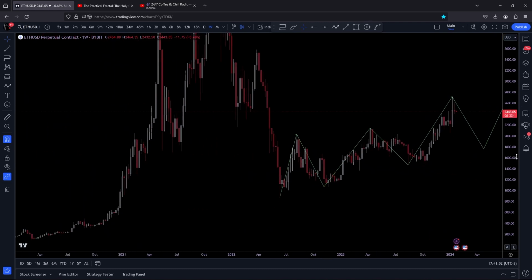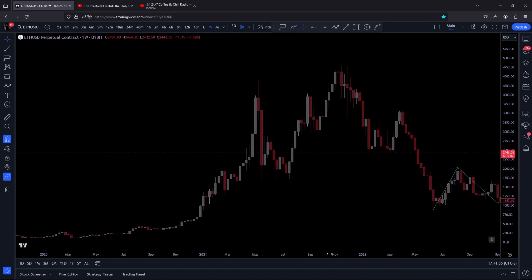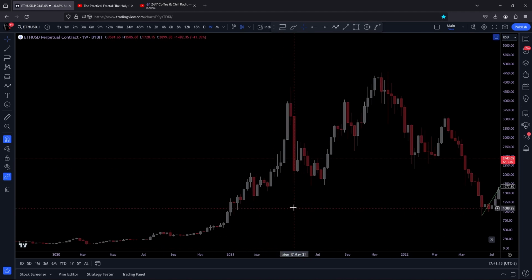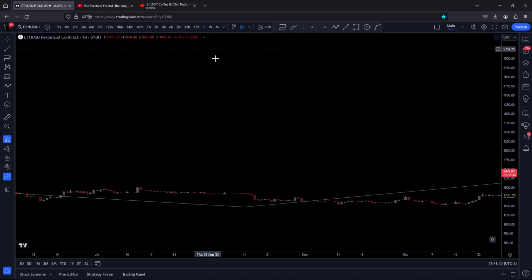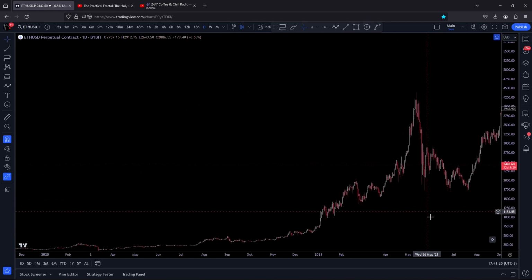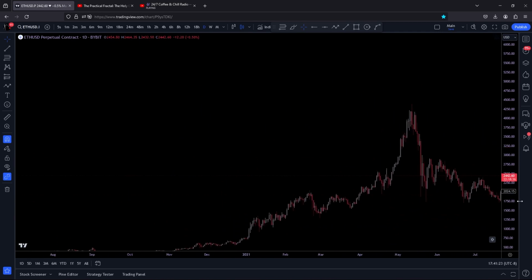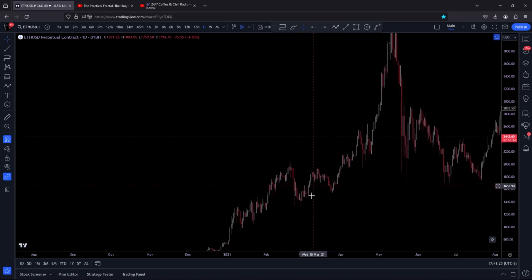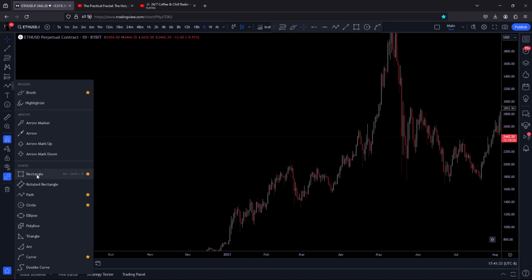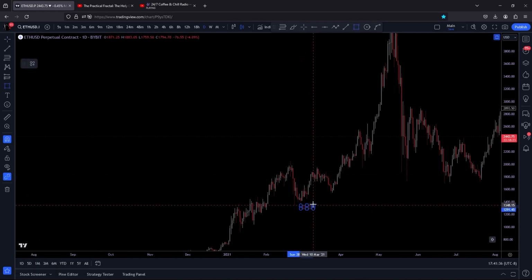So we have to look at the chart and identify other peaks. So this would be considered a peak and a trough to me. A peak and a trough, because if you go down to the daily, if you zoom in, you have this nice little price range right here, right? You have this nice little price range. So if you grabbed a box and you're like, okay, this was a trough.